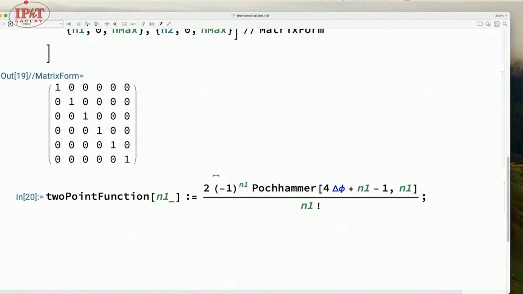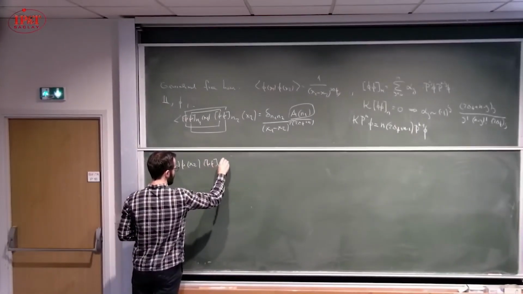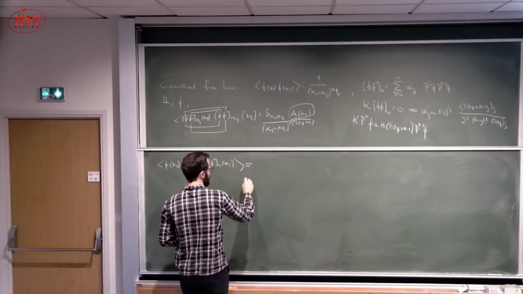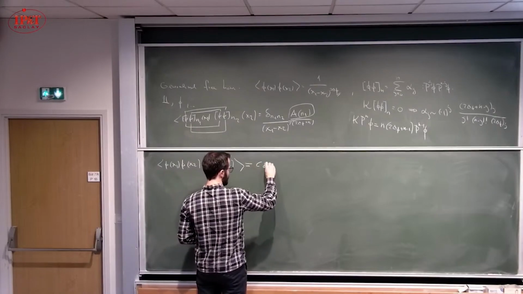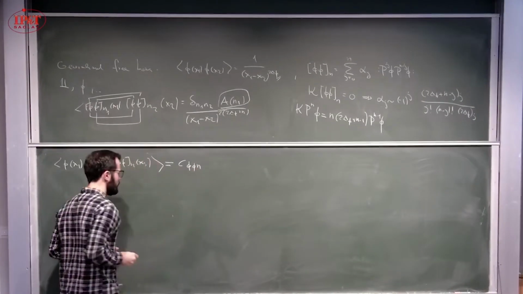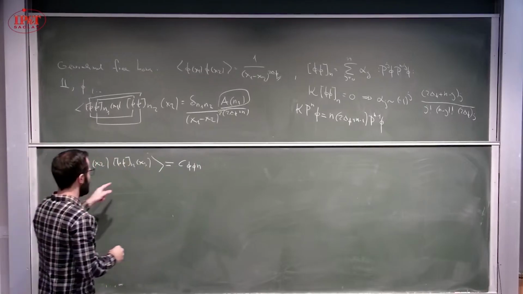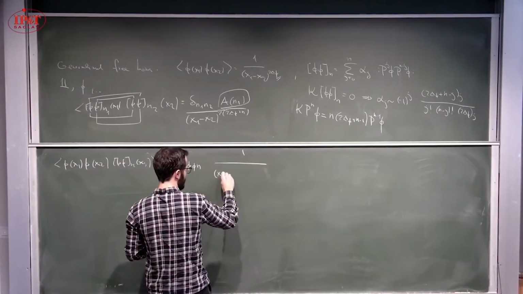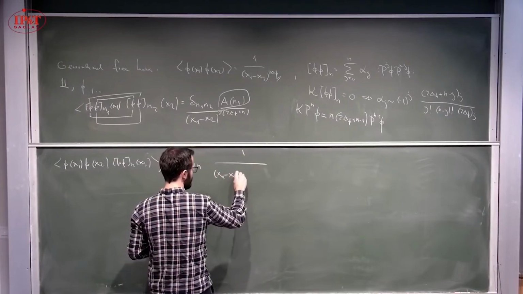Okay, the next thing that we need to compute is the 3-point function. So from conformal symmetry, we know that this should be some number which I'm going to call C phi phi n, by slight abuse of notation, times the answer by conformal invariance, which would be x1 minus x2.